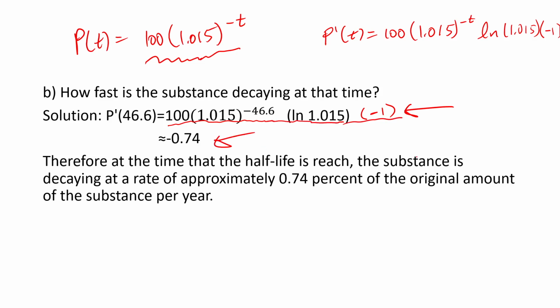So what that means is at the time the half-life is reached, the substance is decaying at a rate of roughly 0.74% of the original amount of the substance per year.